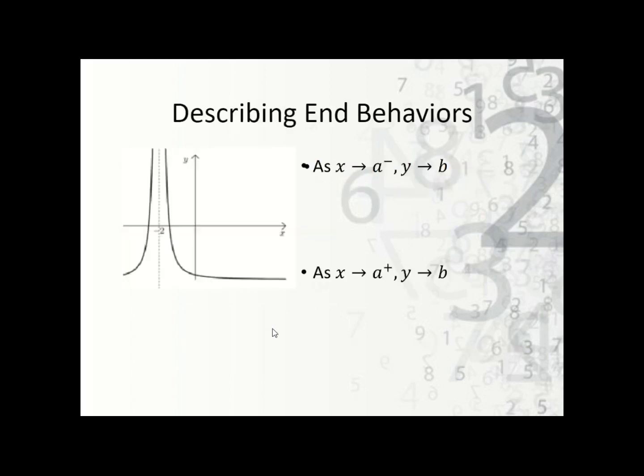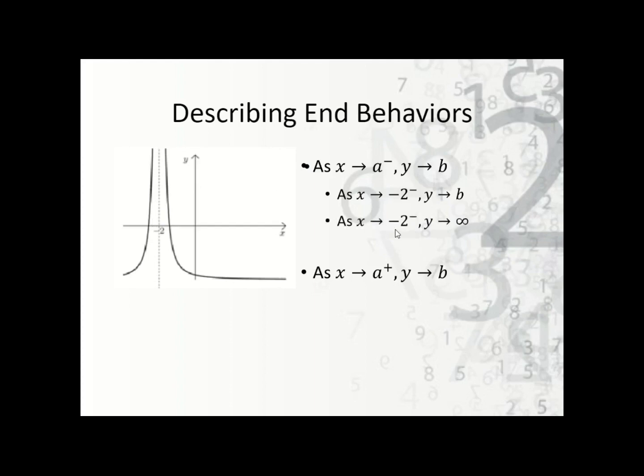So an example of this would be here. So we have our function here, and we have a vertical asymptote here at negative 2. So we're going to say then, as x approaches negative 2 from the left side, what is y doing? Well, as we get closer to negative 2 from the left side, we can see that y is increasing exponentially. So y is approaching infinity.